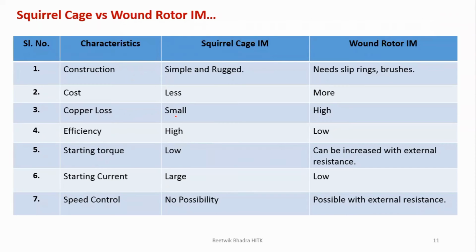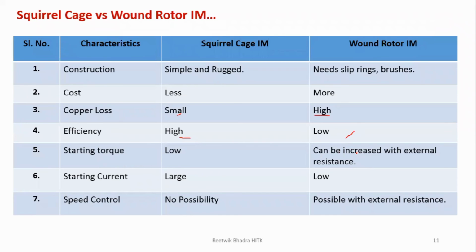If you are adding 3 external resistors, that will also contribute to the copper loss in the whole induction motor. So copper loss in this case is high. Efficiency obviously will be high in the first case because losses are less. Efficiency obviously will be low in the second because losses are high. Starting torque is low in the first case, but with the addition of external resistance, we can increase the starting torque.